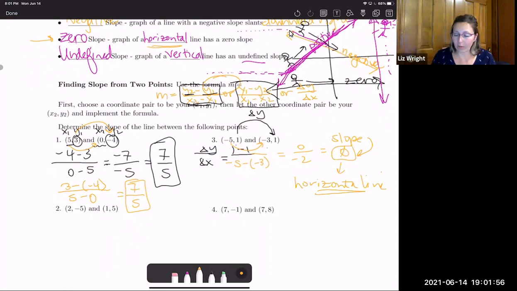Well, I'm going to have you guys go one step further here. Our equation for horizontal lines is always, 100% of the time, going to be y equals some constant term. Look back at our ordered pairs. What's the number that was always the same, that was constant?